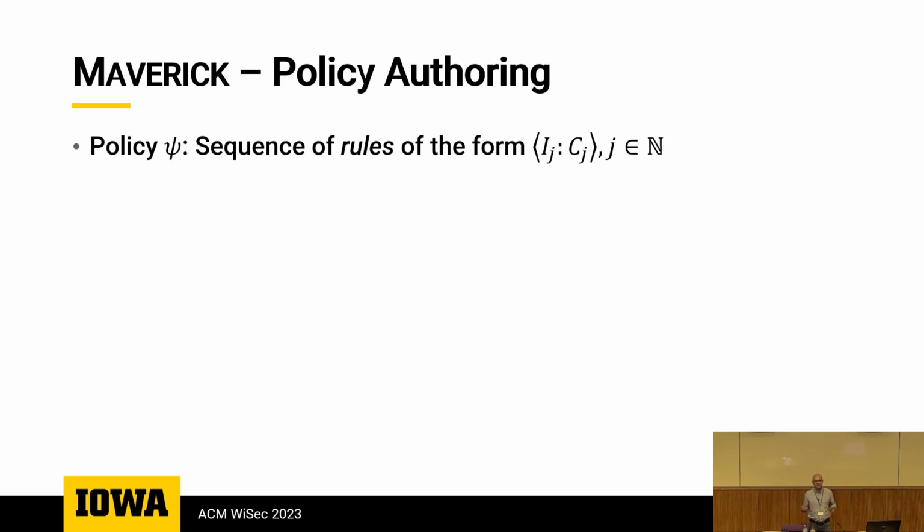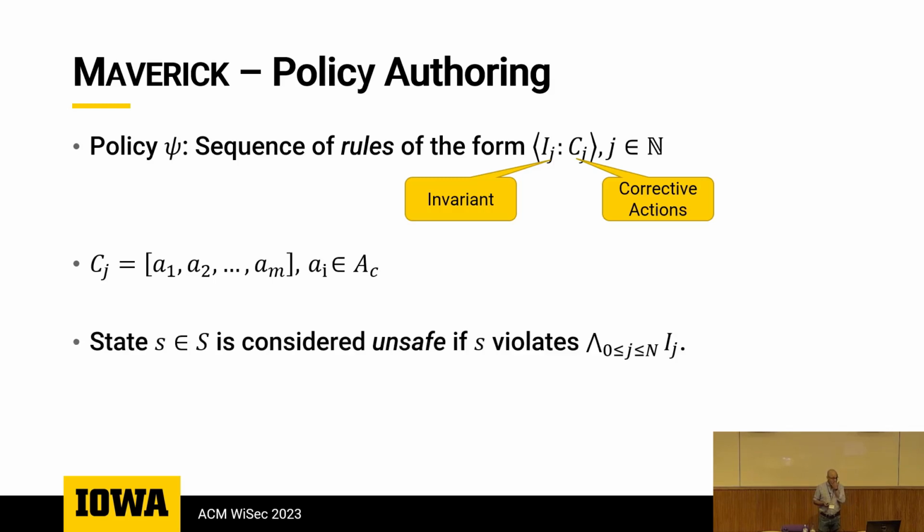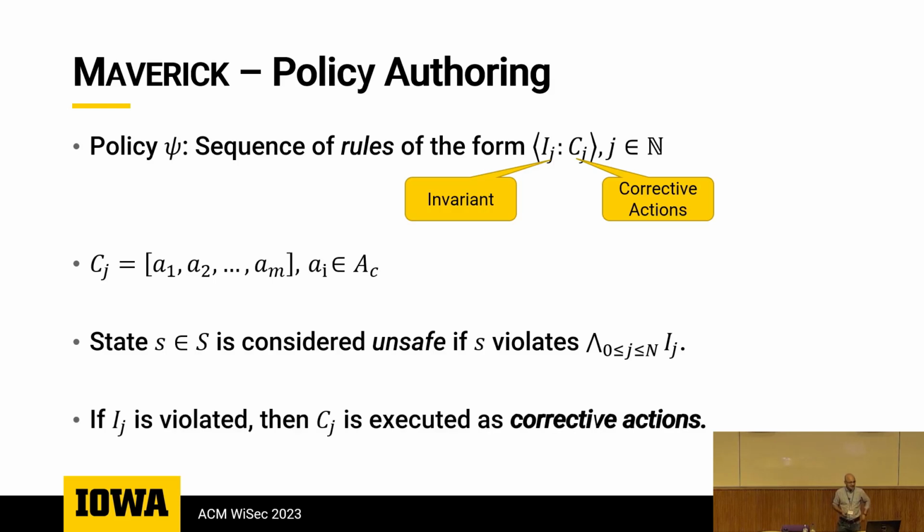That's essentially the corrective action. And the corrective action could be a sequence. So the idea is that a system state is considered unsafe if it violates one of the invariants. Okay? And if it's violated, then you do the corresponding corrective actions.